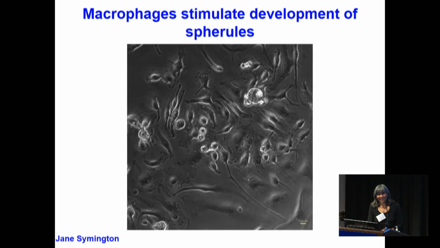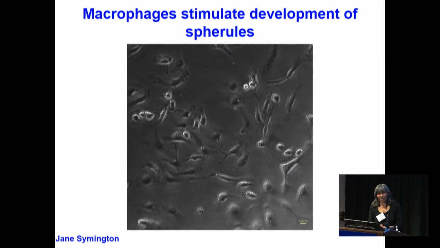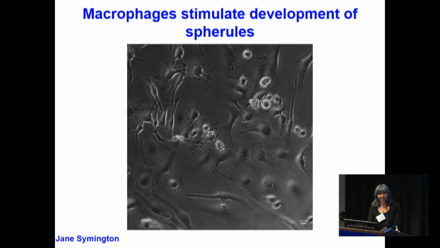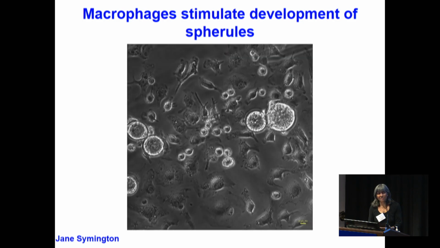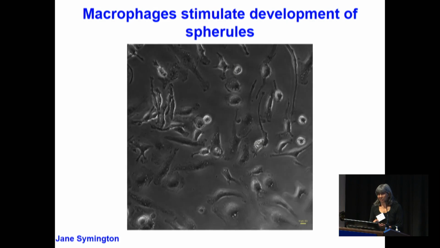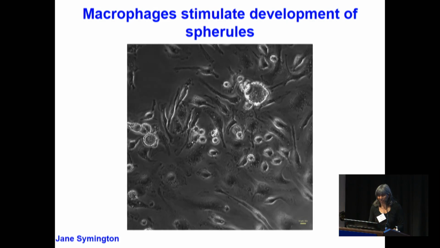Interestingly, it appears that you need contact to have this happen. If you separate the macrophages and the fungi, you don't see formation of spherules under these conditions. And so we're very interested in working out what's happening at that host-pathogen interface to figure out how stimulation of the spherule form occurs.